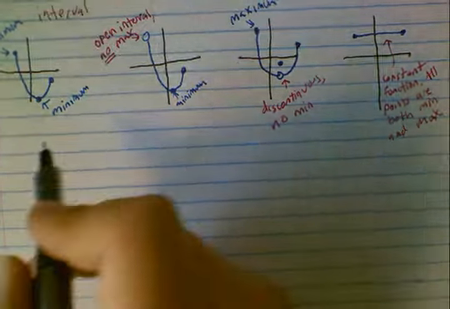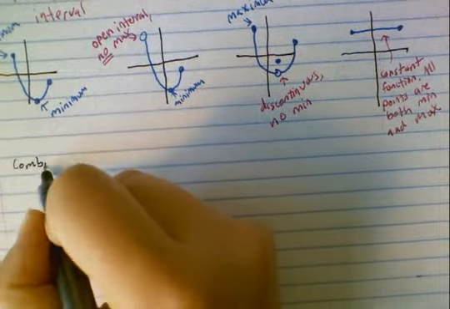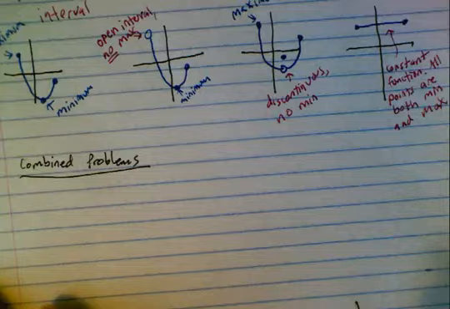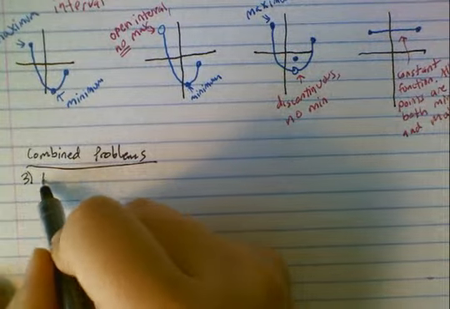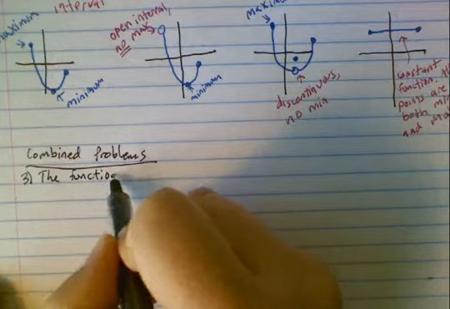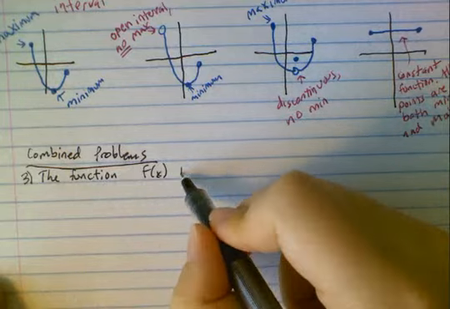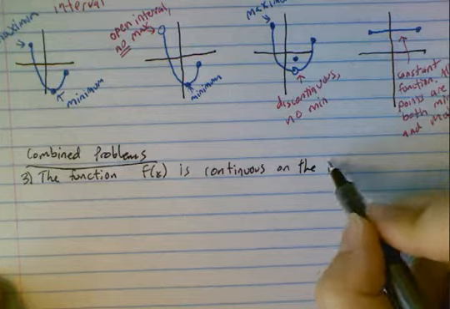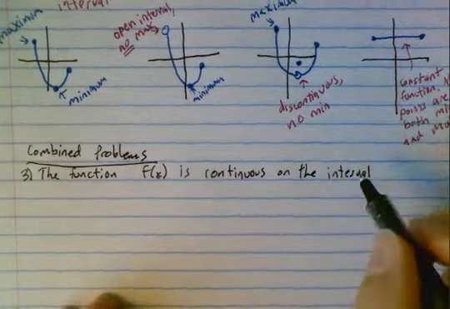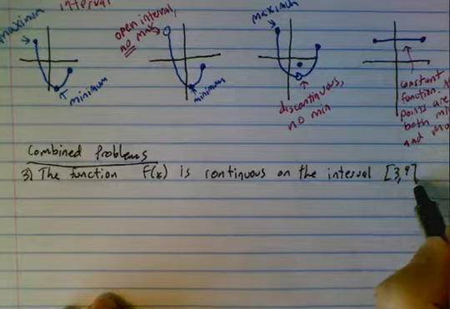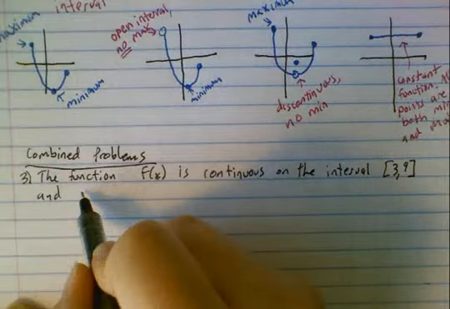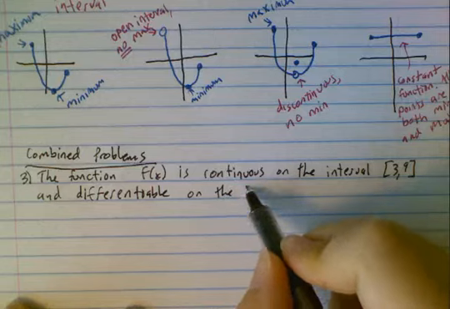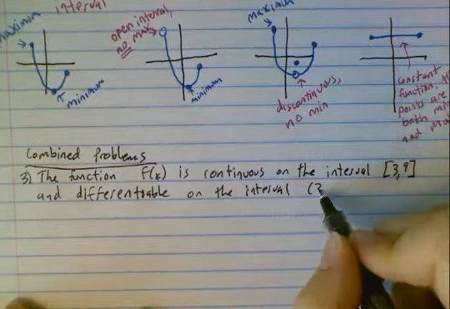Okay, let's look at some problems that combine all three. The function f of x is continuous on the interval 3 to 9 and differentiable on the interval 3 to 9.